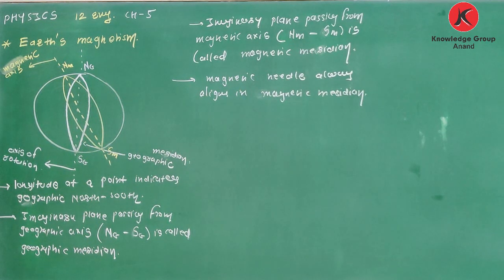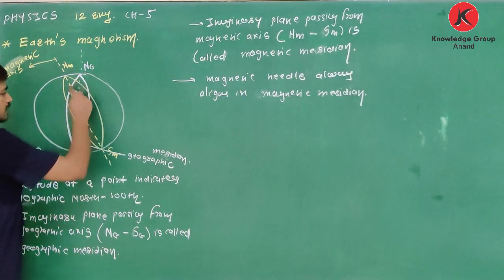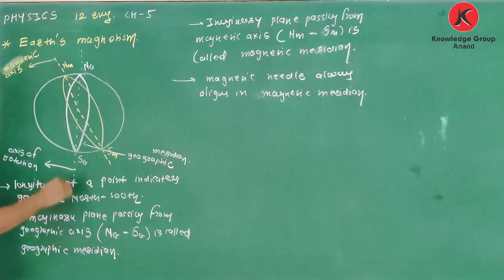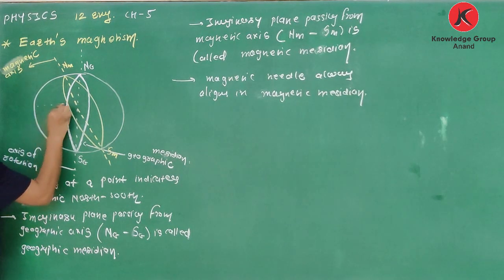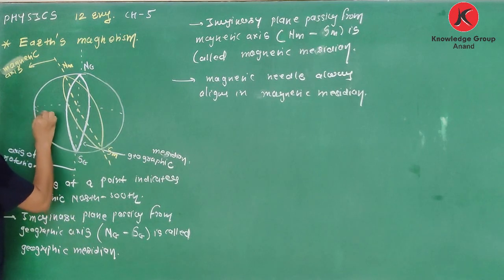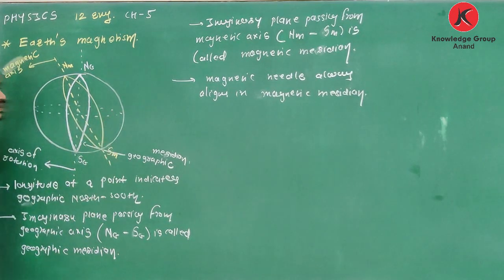Now see, the geographic meridian is the one passing through the geographical axis. A plane perpendicular to the geographical axis, like this, is called the geographical equator.